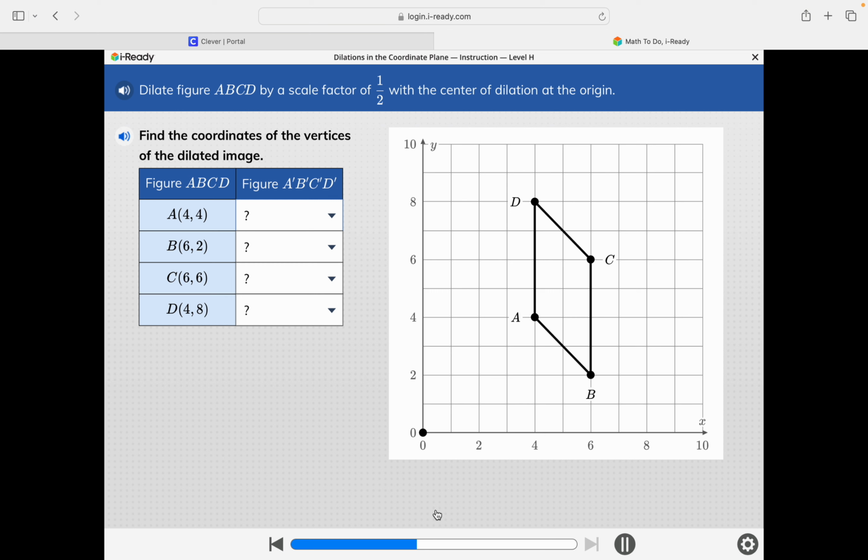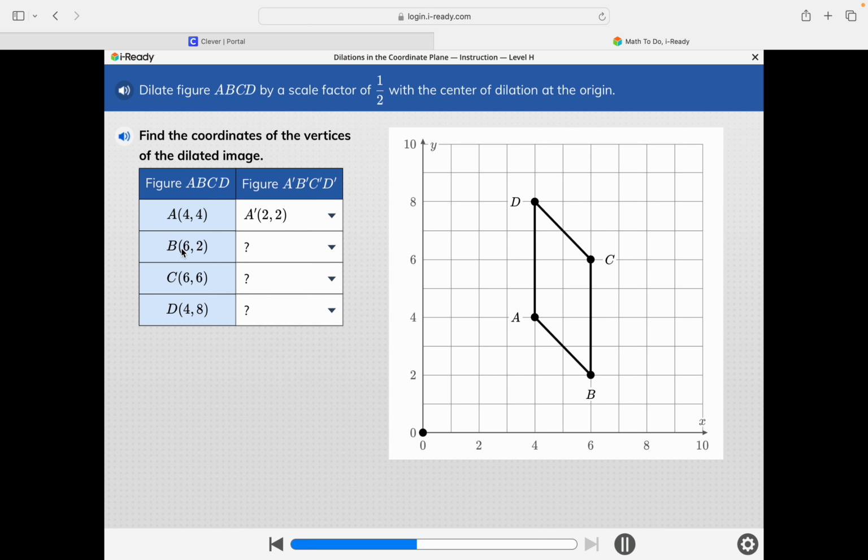Now we have to do it by half. 4 times 1/2 is 2, and 4 times 1/2 is 2. So A prime will be (2, 2).